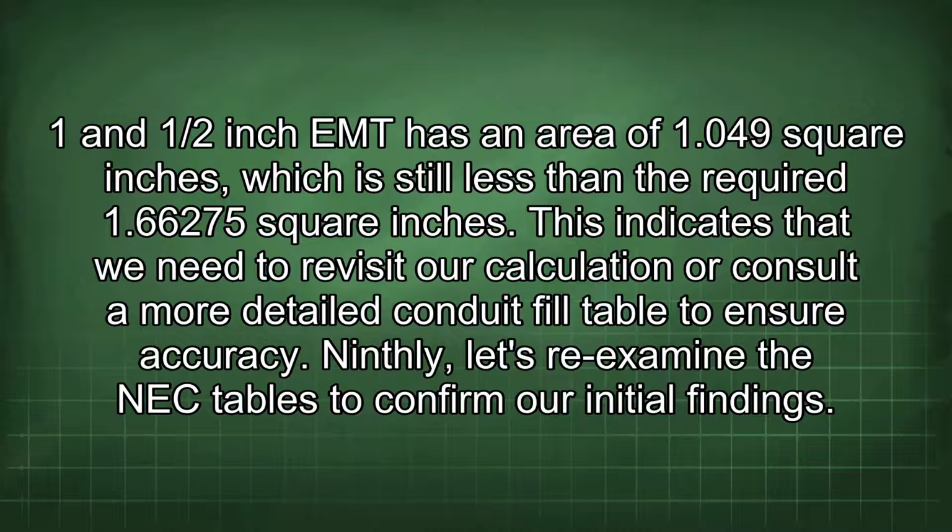This indicates that we need to revisit our calculation or consult a more detailed conduit fill table to ensure accuracy. Ninthly, let's re-examine the NEC tables to confirm our initial findings.